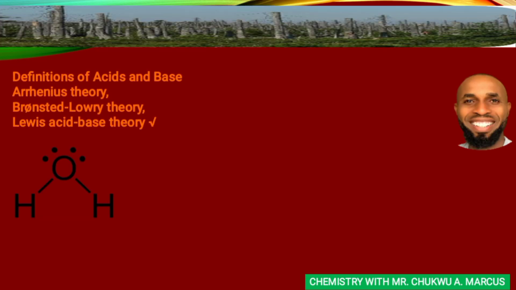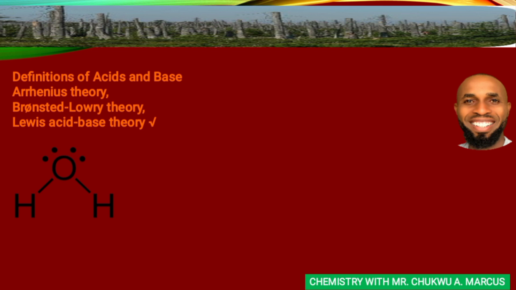Now let's look at the third definition. According to the third definition, there is water shown here, and if you look at the two dots on oxygen, we call them lone pair electrons. When a hydrogen ion has lost its electron, it will come and bond with this lone pair.